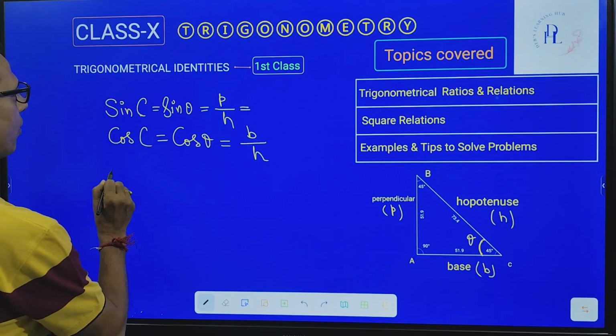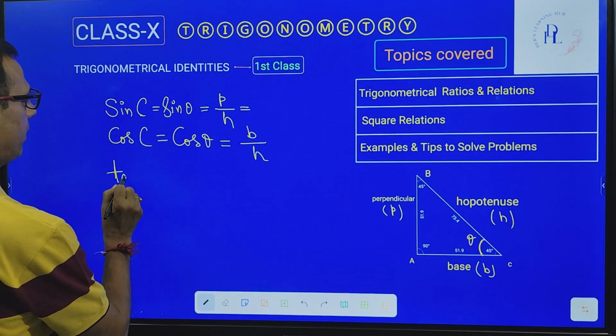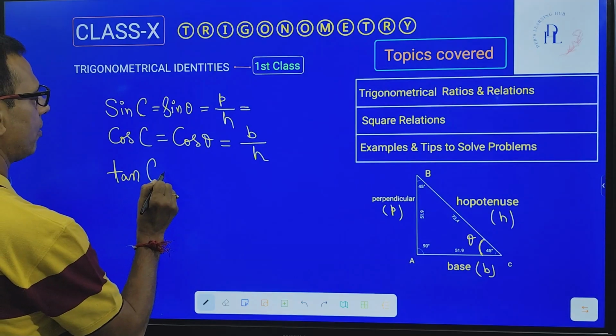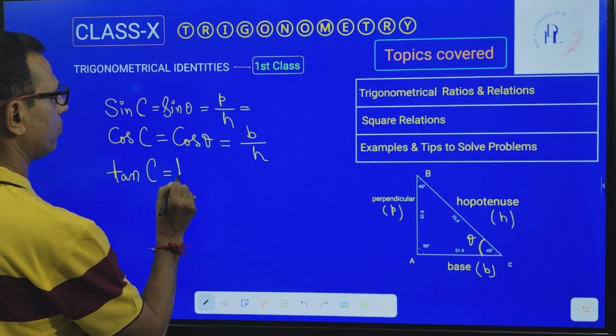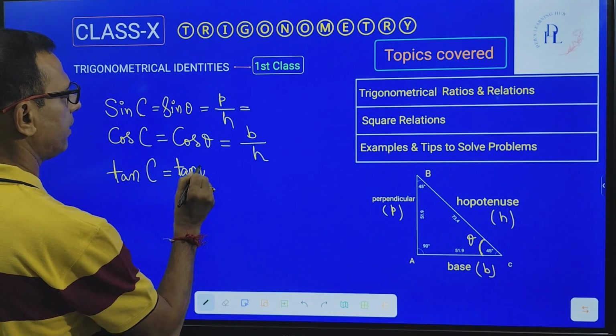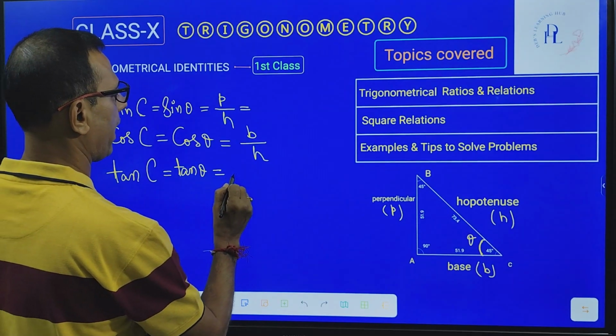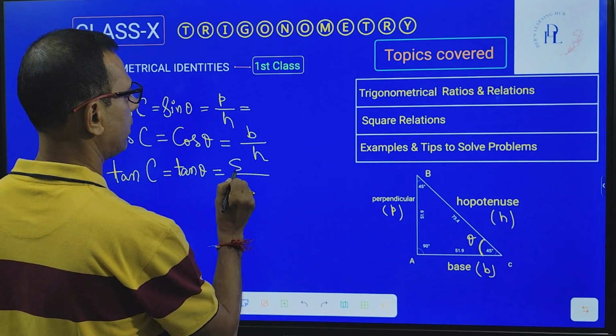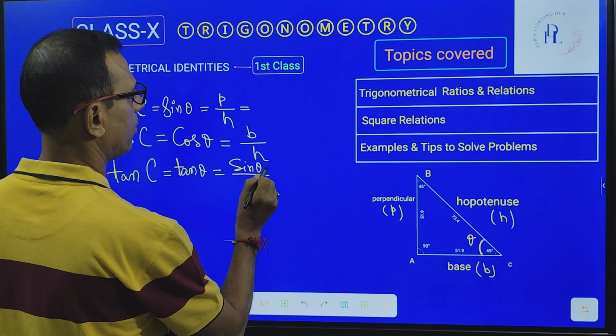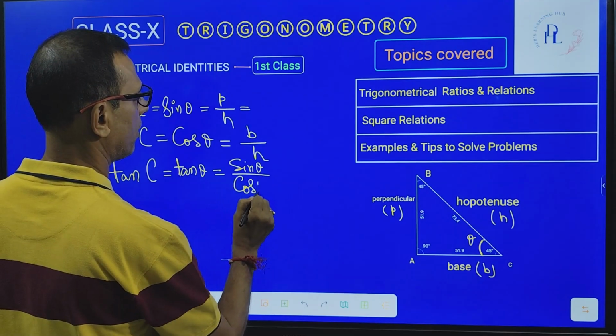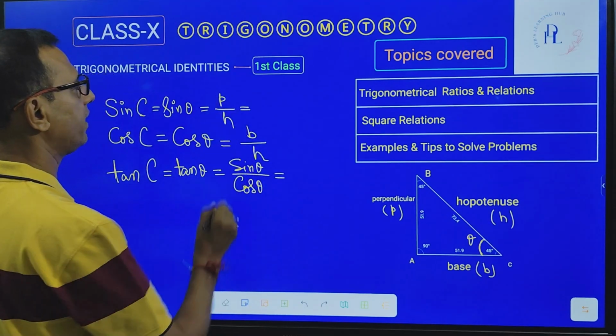What is tan C or tan theta? Tan C, that is equal to tan theta, is actually sin theta by cos theta. So what is sin theta?